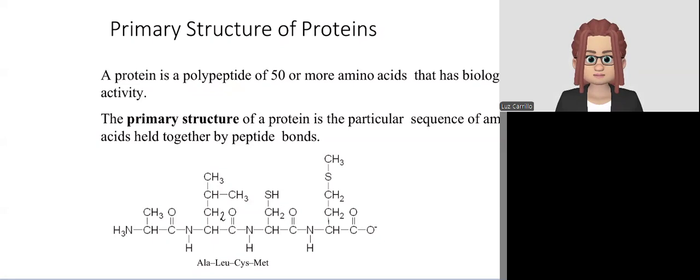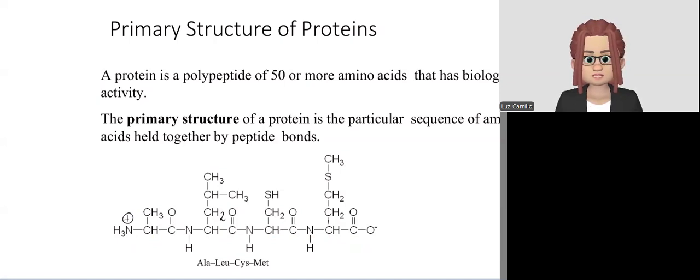Amino acids start at an NH3 group, and then after that, we have the alpha carbon, followed by an amide, followed by an alpha carbon, followed by an amide, followed by an alpha carbon, followed by an amide. Then we have an alpha carbon. If after that alpha carbon, we have a carboxylate, that means that your protein or peptide stopped.